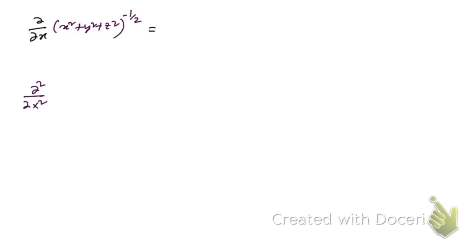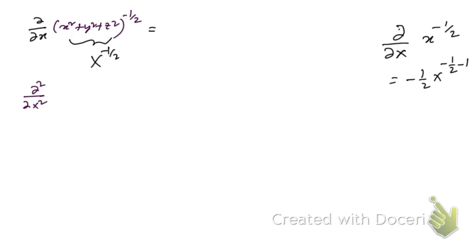Consider this one as x to the power minus half. If you apply d by dx of x to the power minus half, that's going to be equal to minus half x to the power minus half minus 1, so minus half x to the power minus 3 by 2, right? Here, instead of x, we have x square plus y square plus z square.